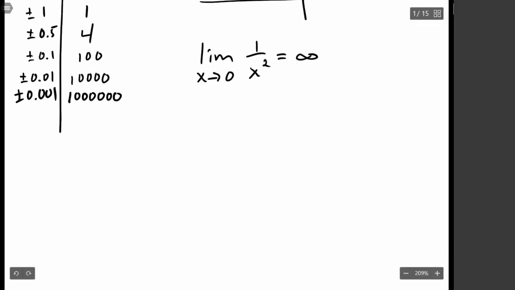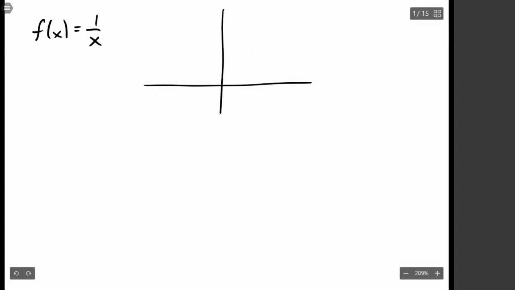A slight difference, let me do another example here. Let's look at the function f of x equals 1 over x. Hopefully you remember the graph of this one. It looks something like this.